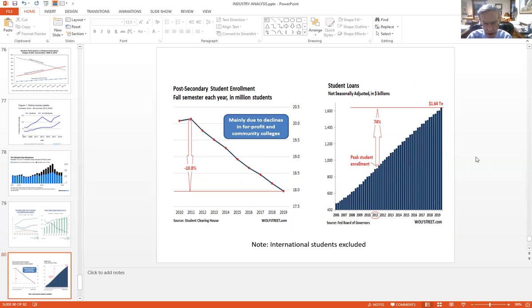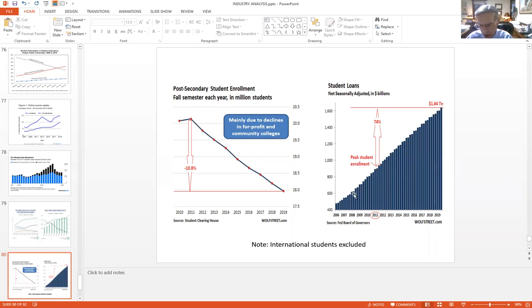Another factor in this industry, the education industry, is simply enrollment. And enrollment has dropped sharply in recent years, but that's mainly due to the decline in these institutions that are for profit, like Phoenix University.